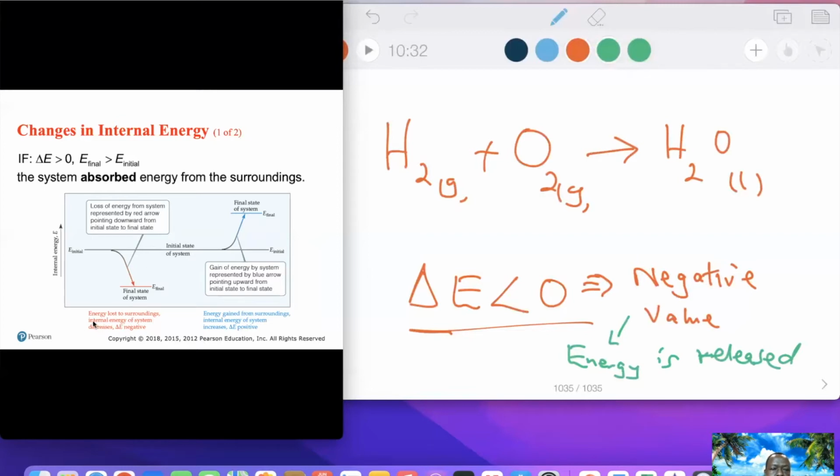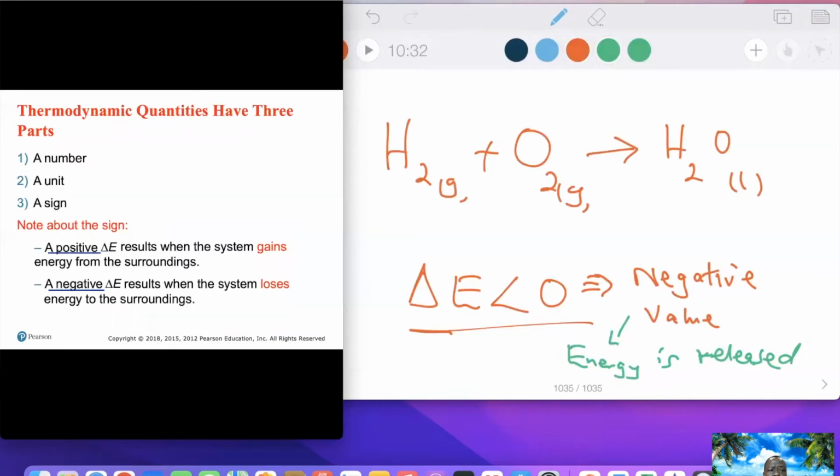Here, energy is lost to the surrounding when it is on the negative territory. If you look at here, let's say here is 0, negative delta G is given off, but when it is positive, we say that energy is absorbed. We will not calculate that, but remember the sign convention for that.